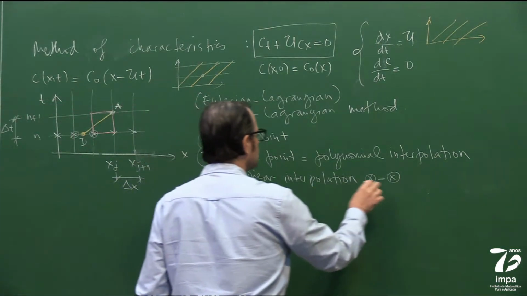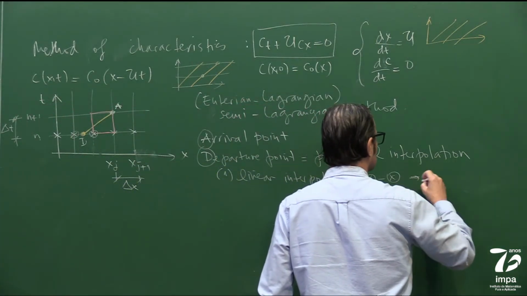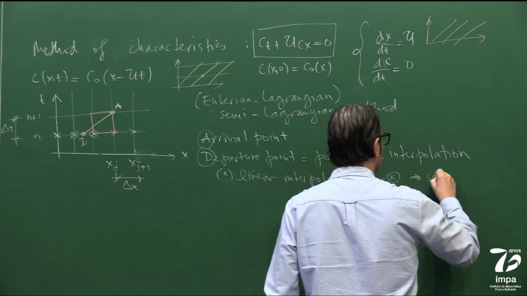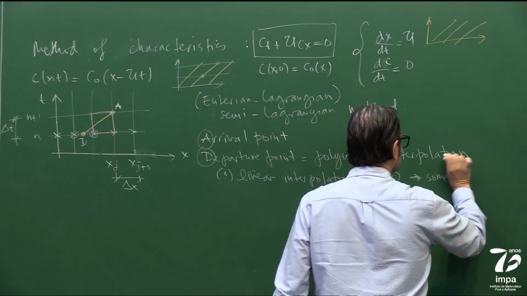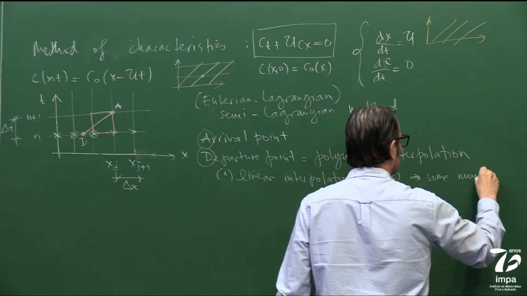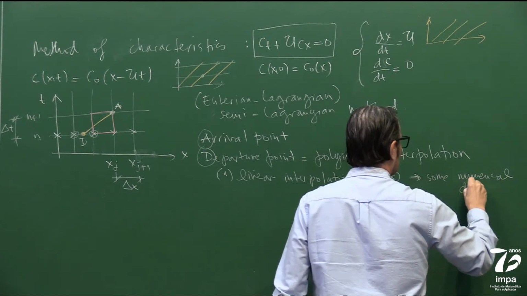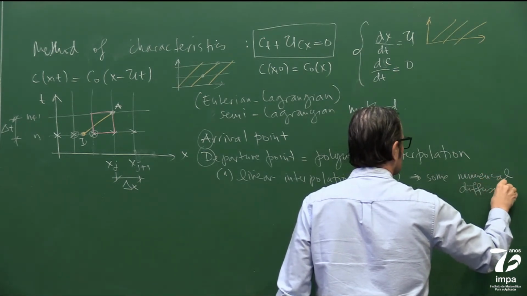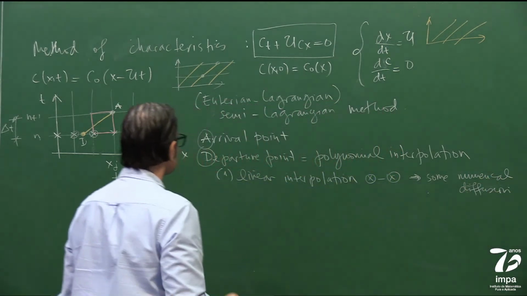So numerical interpolation usually implies some numerical diffusion.